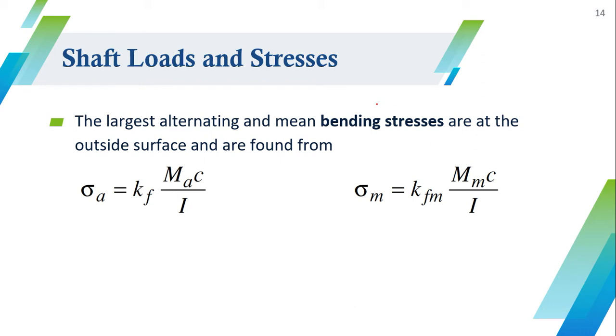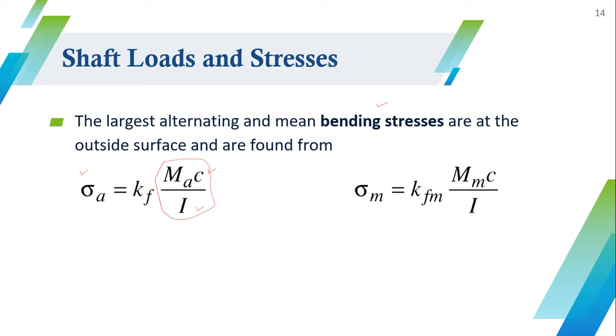Now talking of bending stresses, this is the general formula of bending stress, normal bending stress, sigma, which is Mc over I, where M is the bending moment, I is the moment of inertia, and c is, in case of a circular cross section, the radius.